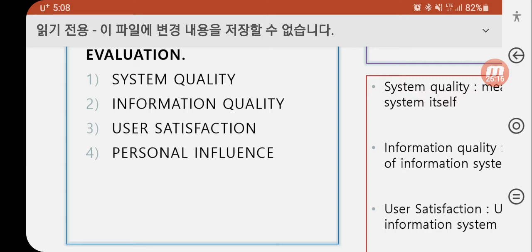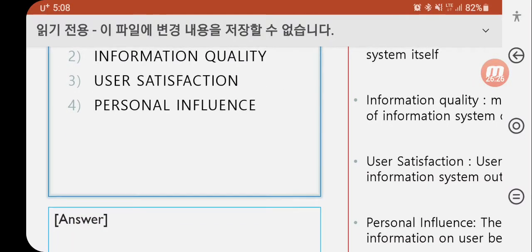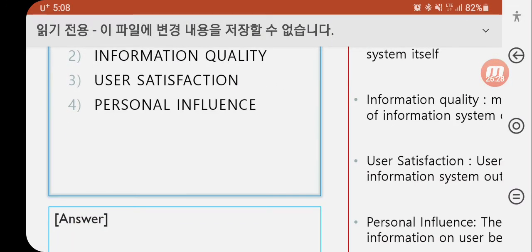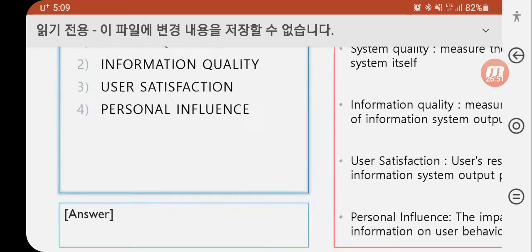Information quality measures the quality of information system output. User satisfaction is user's response to information system output processing. Personal influence is the impact of information on user behavior. Okay? Do you understand? Yeah, okay.